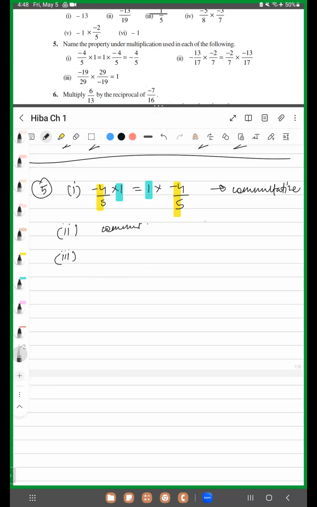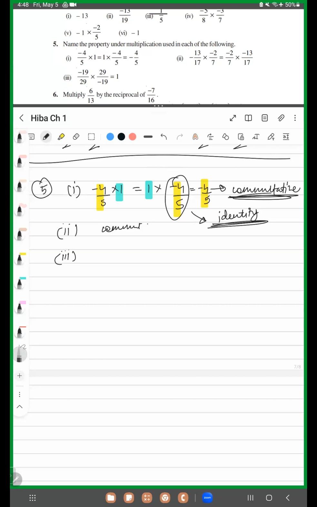And actually the first one, you can also call it existence of identity. ये identity भी है. Why? Because दो चीजों को multiply करके finally answer क्या आ रहा है? This number itself. यही वापस आंसर मिल रहा है. Multiplicative identity. Yes, multiplicative identity. There can be two correct answers to this. एक तो ये कि commutative property या दूसरा multiplicative identity. Okay, I understand.